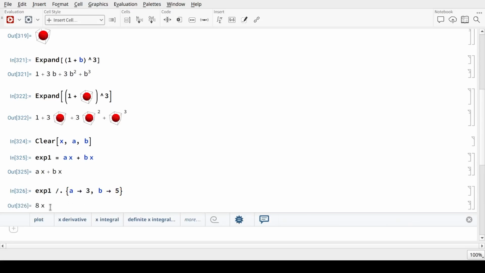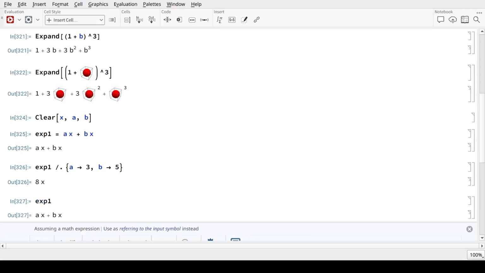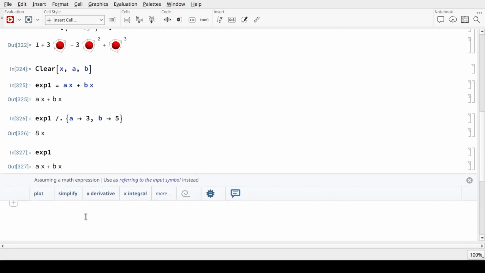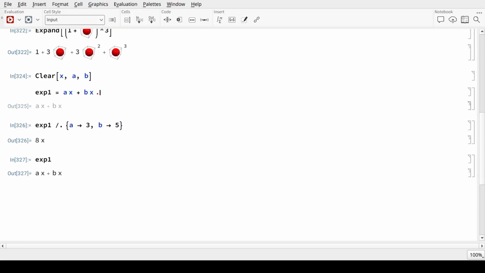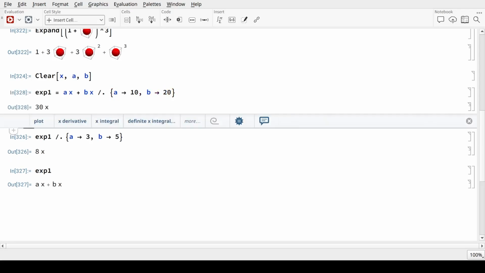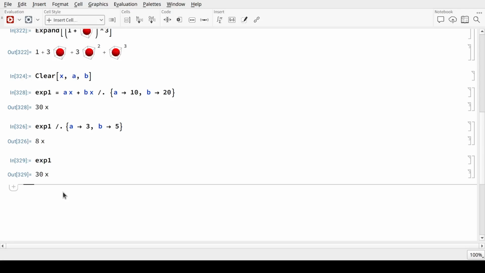And as a result, it substitutes these variables into that expression. The expression itself does not change, but you could have also changed the way you defined the expression. Let's say a is 10 and b 20, in which case the expression would take this value permanently. And this is practically the essence of the replacements. Just take some expression and we'll substitute some values into it. It's very simple.